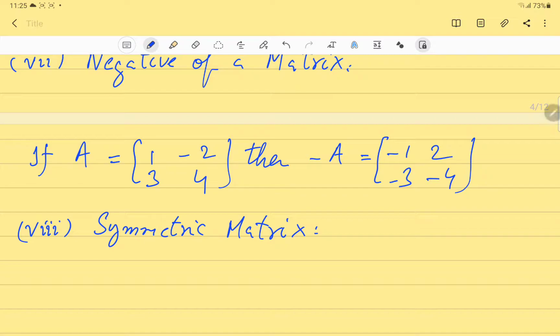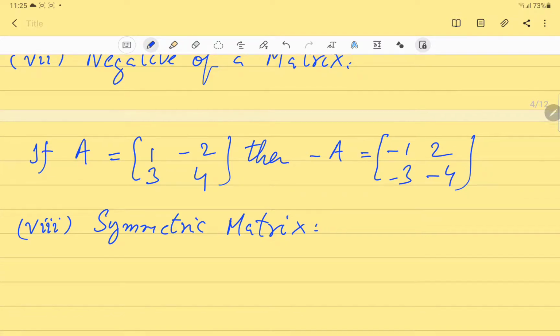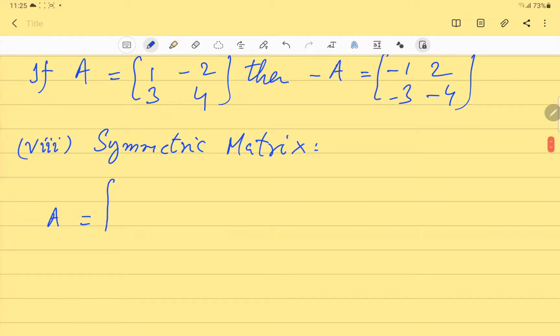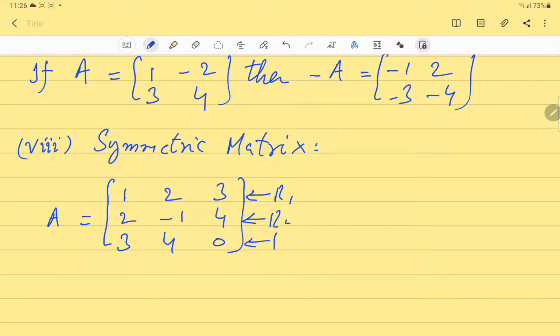Suppose we have a matrix A and its entries are 1, 2, 3, 2, -1, 4, 3, 4, 0. So this is our row 1, this is our row 2, and this is our row 3.